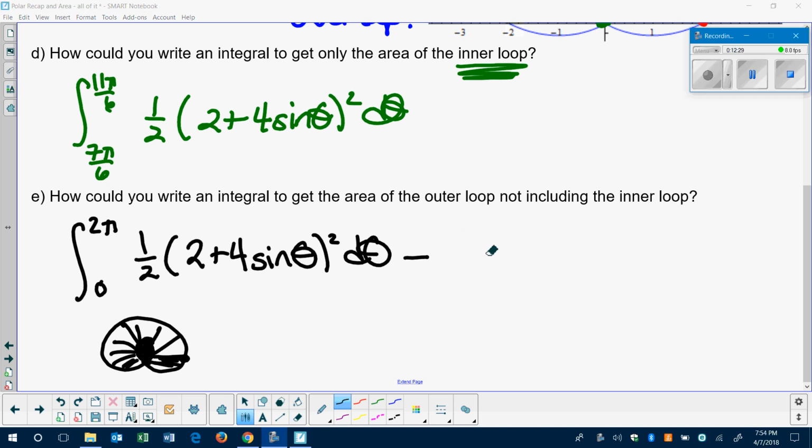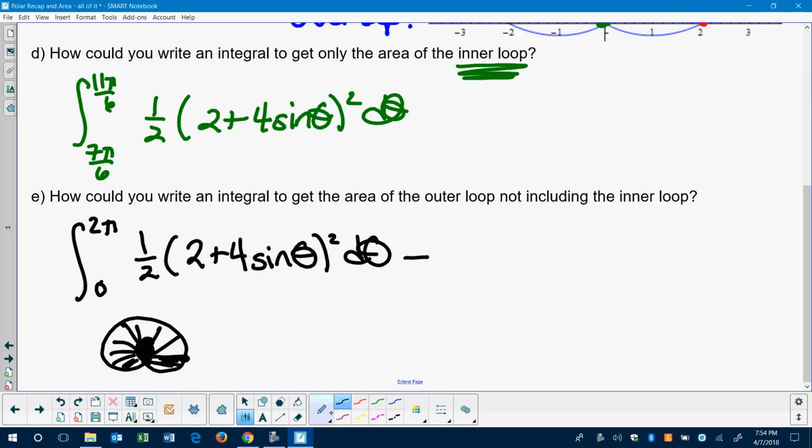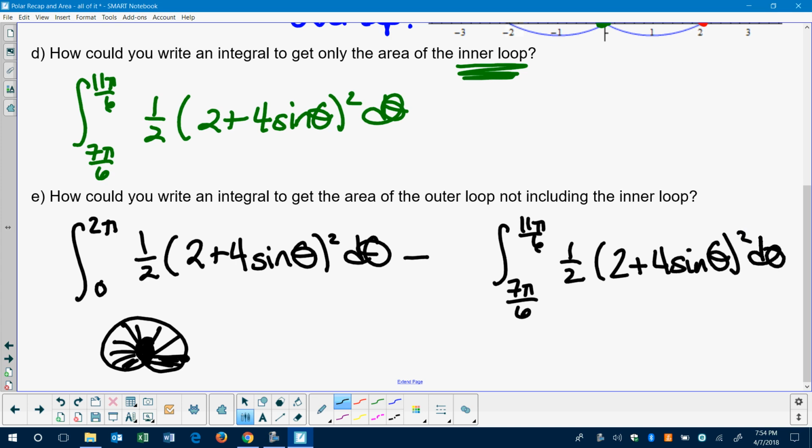Okay, so if I were to just subtract, oops, lost my pen. If I were just to subtract this part, okay, then what I have is this first section is giving me the outside shape, including this twice, right?